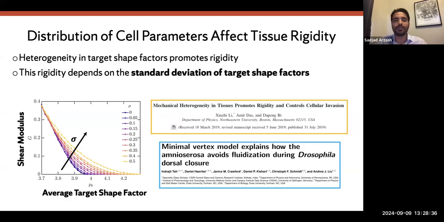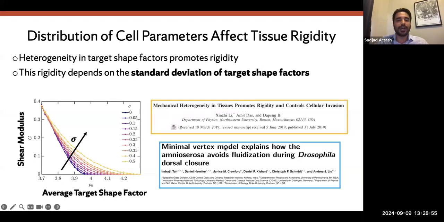So, related maybe to the question as well, the heterogeneity of these P0 values also can change where this rigidity transition is. And that's from a nice paper by Max B and others from a few years ago.